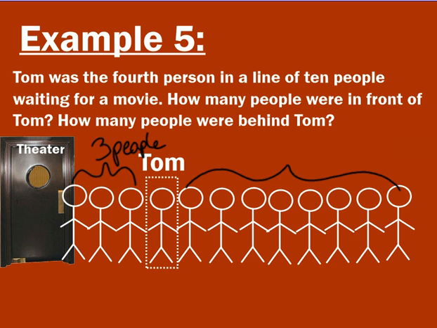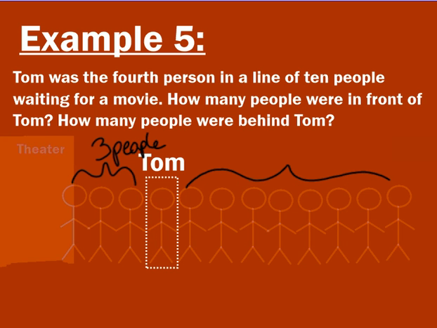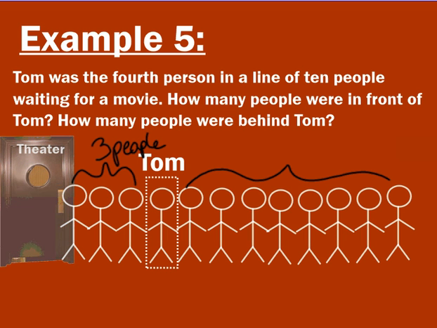Well, how many? Well, he's 4, so there's automatically 6. Count them off. 1, 2, 3, 4, 5, 6, 7. Oh, I have way too many people on here, don't I? I don't even know what happened to this. So, Tom is in a line of 10 people.